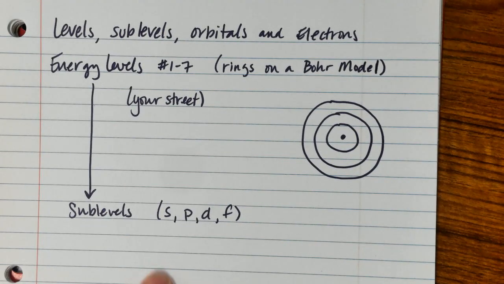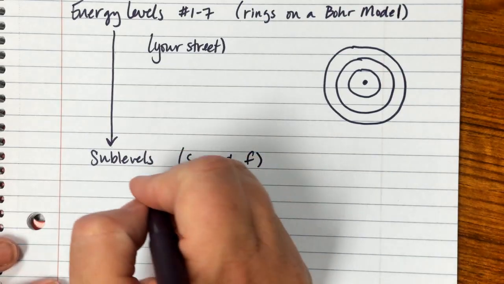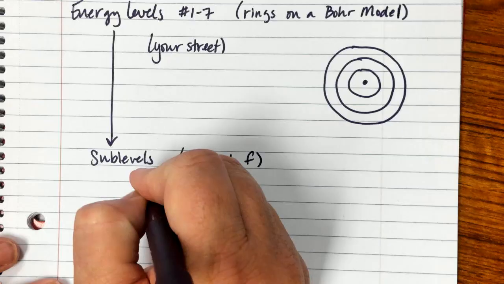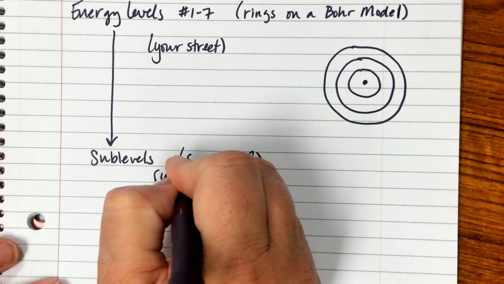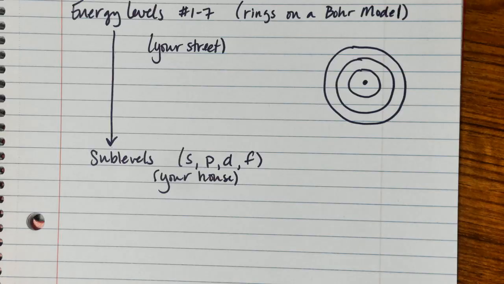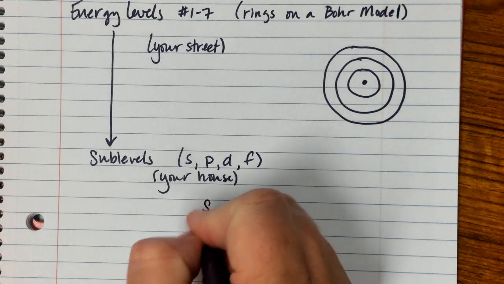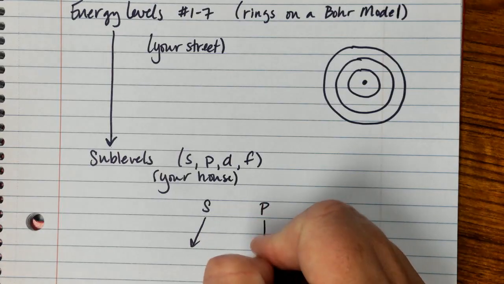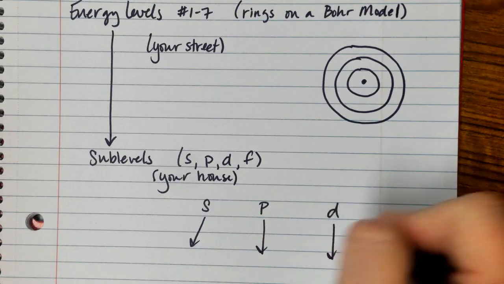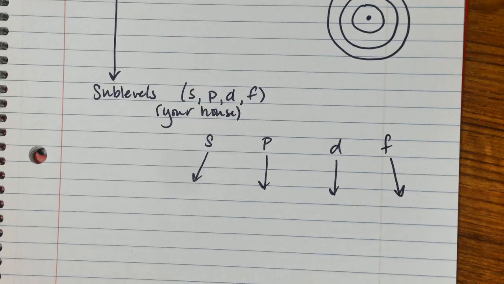Your house where you live. So with the sublevel, we're getting more and more specific as we describe this stuff. It is like your house. And within that, it could be an S, a P, a D, or an F. Those are different floor plans, different shapes of houses.